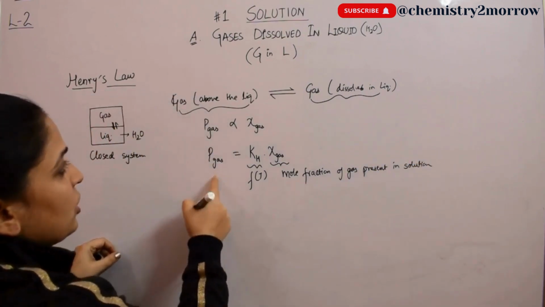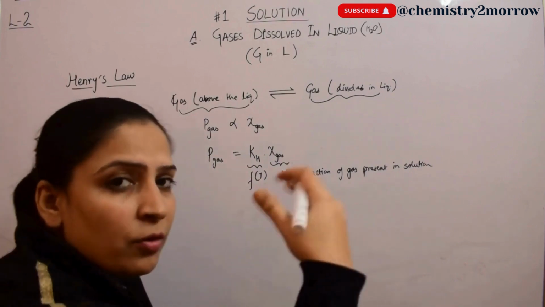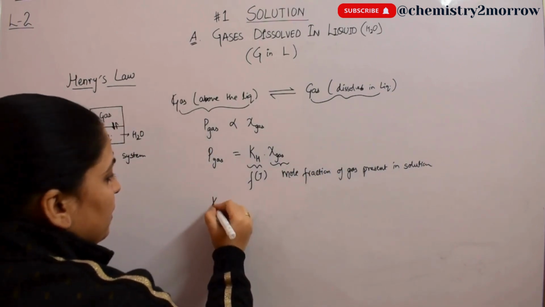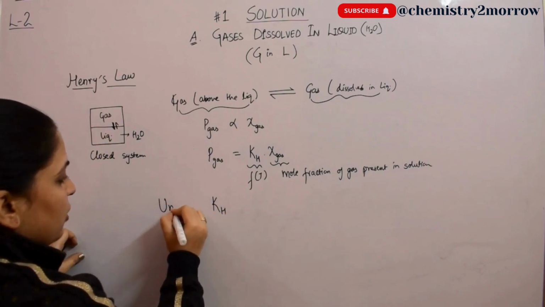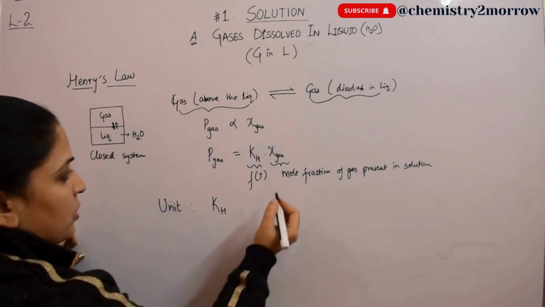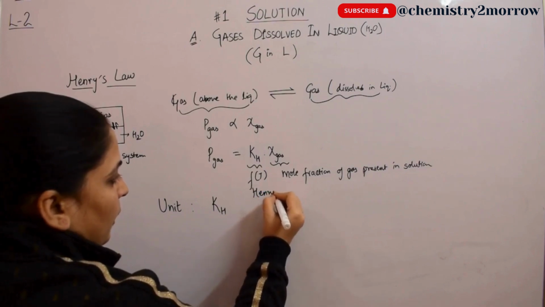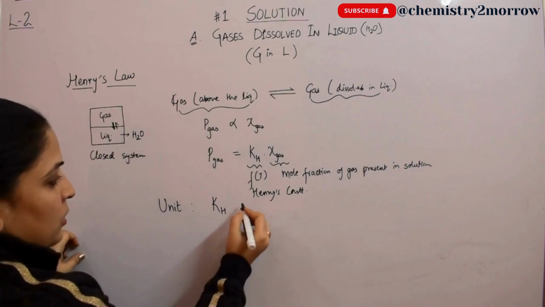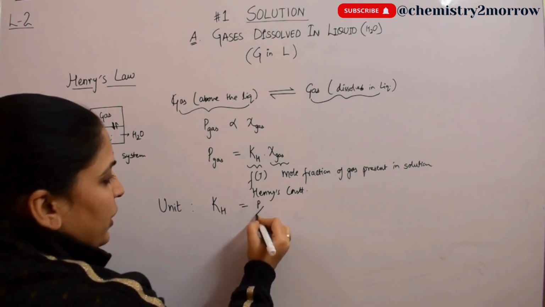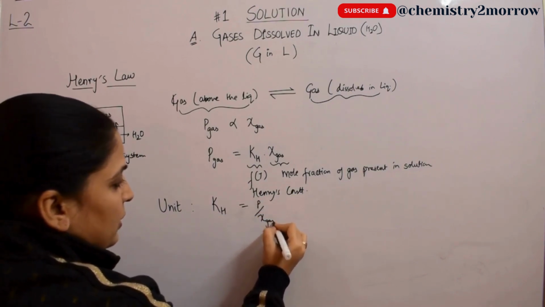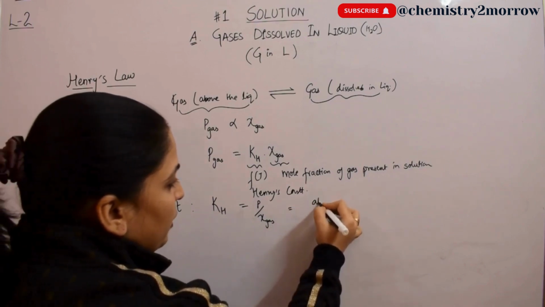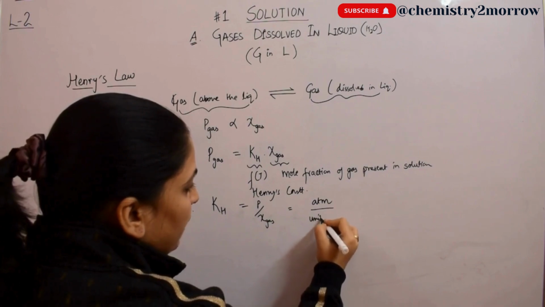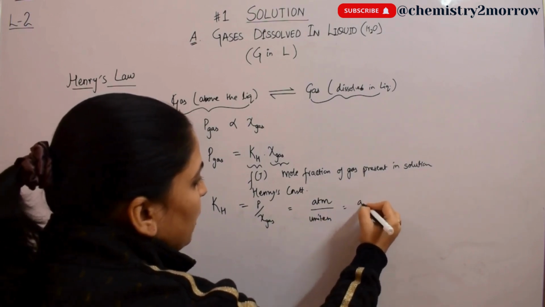So this is pressure above the liquid or above water. Now let us see what is the unit of KH or Henry's constant. So KH will have a unit of pressure upon mole fraction of gas. So pressure if measured in atmosphere, mole fraction has no unit. It is unitless. So it is going to be atmosphere.